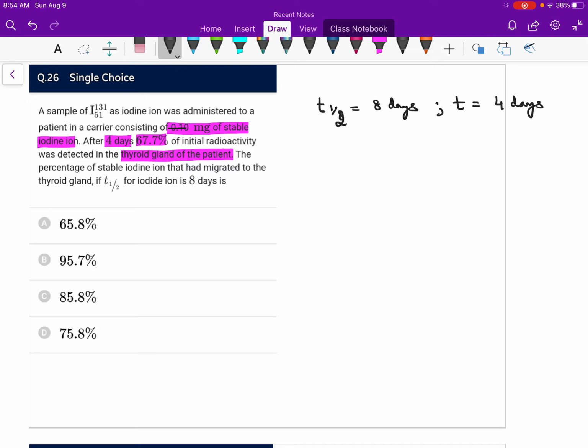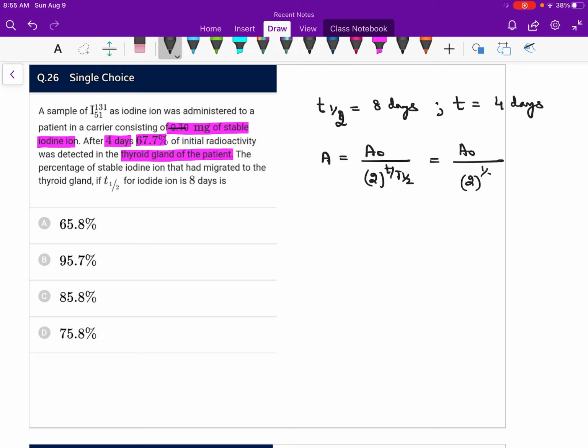Okay, so the activity of the complete sample, A is A naught upon 2 raised to power T by T half.